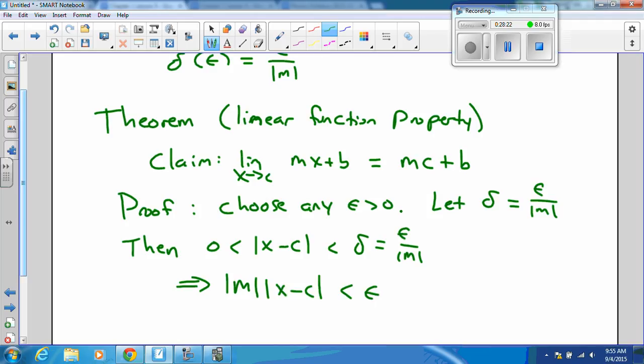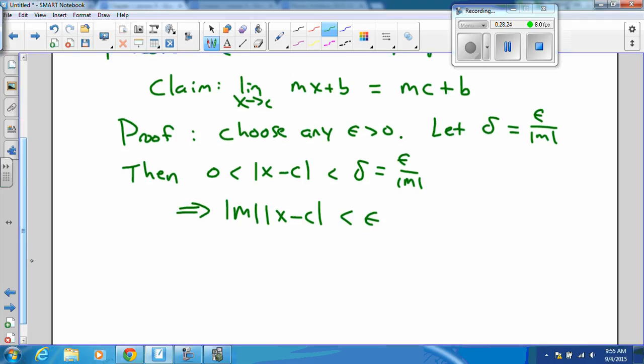Then when |x minus c| is less than delta, which is epsilon over |m|, then that means that the absolute value of the slope times |x minus c| is going to be less than epsilon. That's multiplying both sides of this inequality by the absolute value of m.